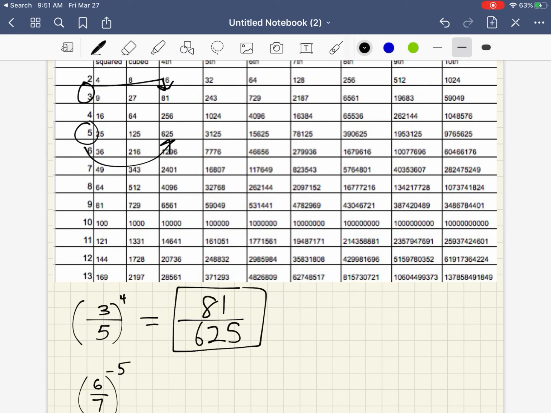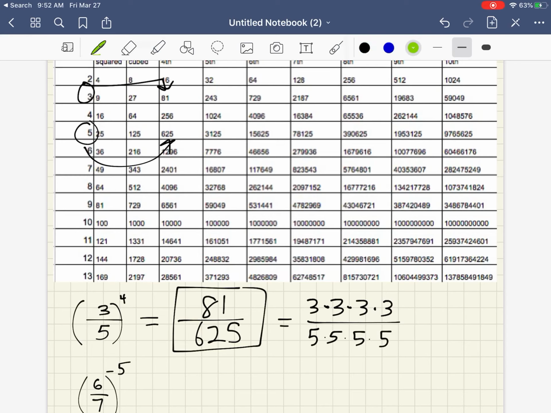Now you probably look at that and say, oh, that's an interesting looking fraction. I hope I don't have to reduce it. Now, here's what I would suggest. Look at your original fraction. If your original fraction can't be reduced, neither can this, because what we're really doing here is we're doing 3 times 3 times 3 times 3 over 5 times 5 times 5 times 5.